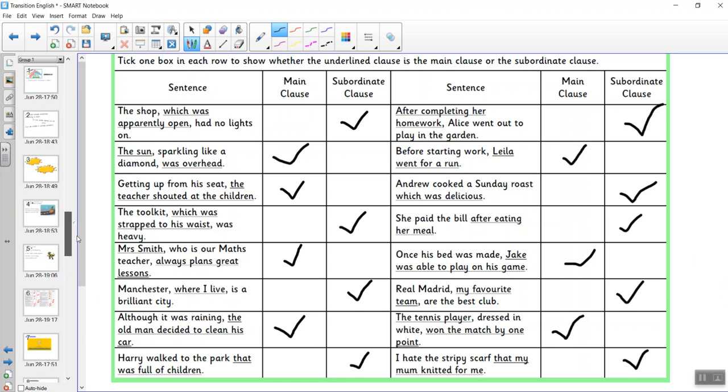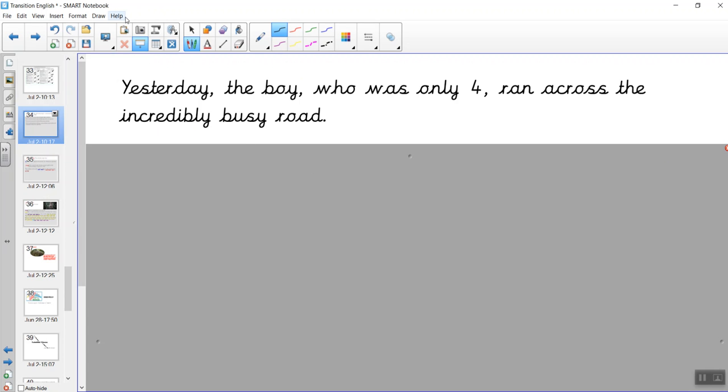Okay, so our next job, if I can find where we were. There. Our next job is to think about the position of the clause. So let's look at this sentence.